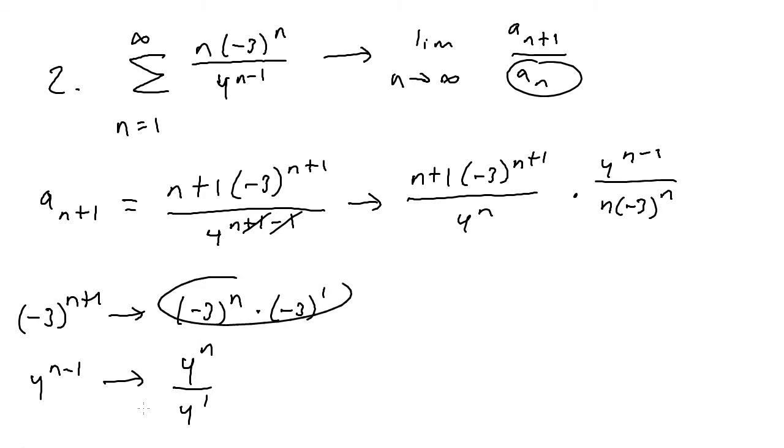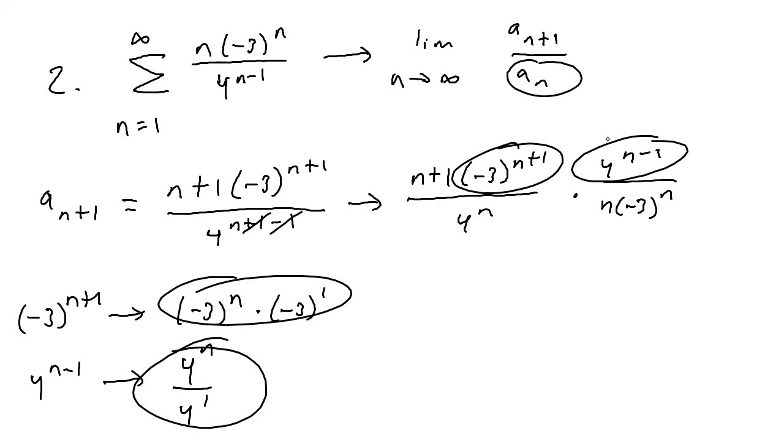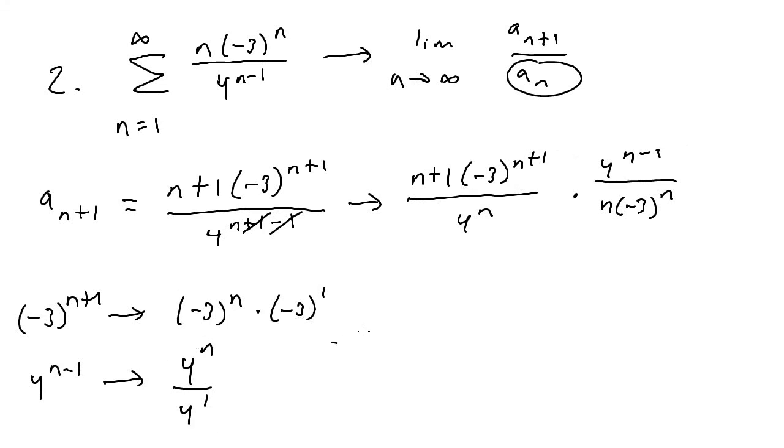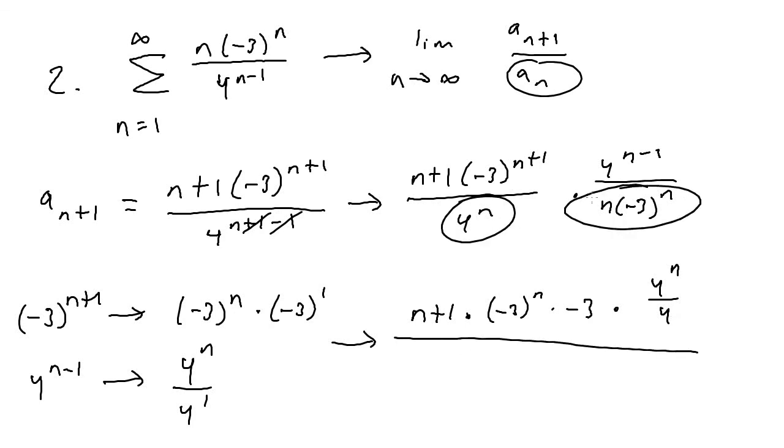So now if I replace these with what I've broken down here, I'm going to rewrite it as n plus 1 times a negative 3 to the n plus 1 power, which is broken down into negative 3 to the n times negative 3 to the first, or just negative 3, times 4 to the n minus 1, and that is broken down into 4 to the n over 4, all over what we have in the denominator, which is just 4 to the n times n times negative 3 to the n.